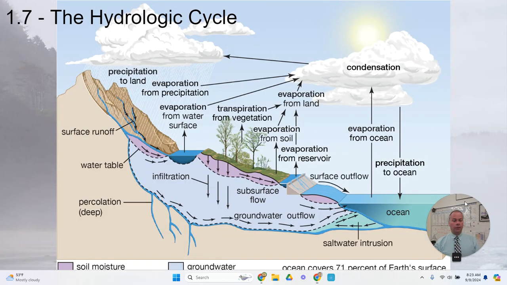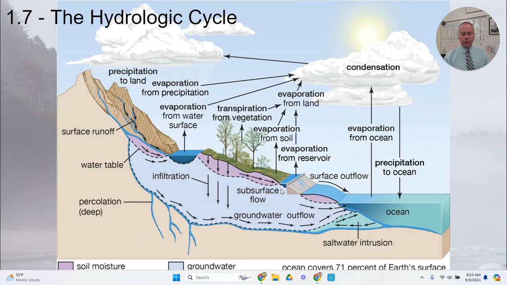So here's a model of the hydrologic cycle, which shows you most of the things I just mentioned. We have water in the atmosphere, we have surface waters, especially in the ocean. We have groundwater, which is what this is showing.